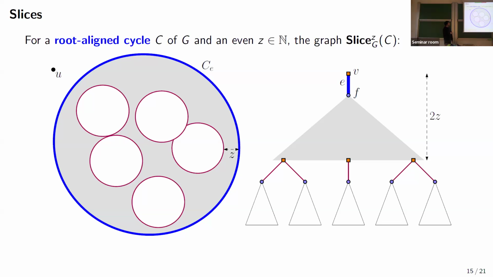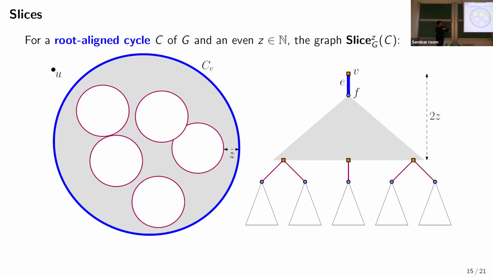So this is the picture that happens in the graph. You have a cycle, and then you go in radial distance Z, and you get to this collection of cycles. A slice is the graph that is embedded in the closed disk bounded by this blue cycle.